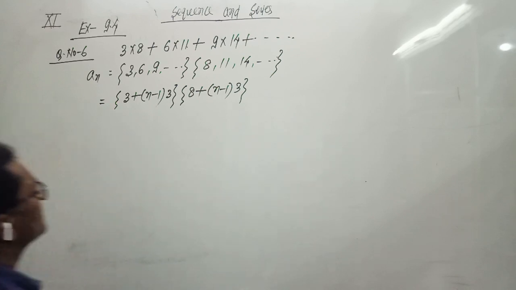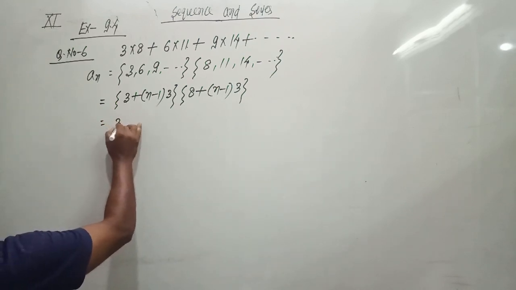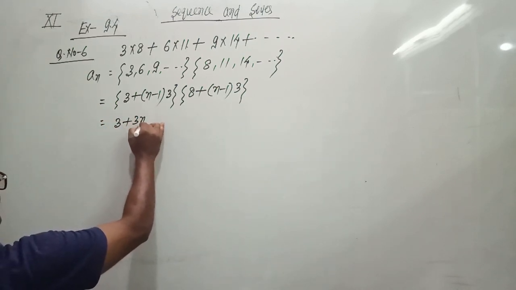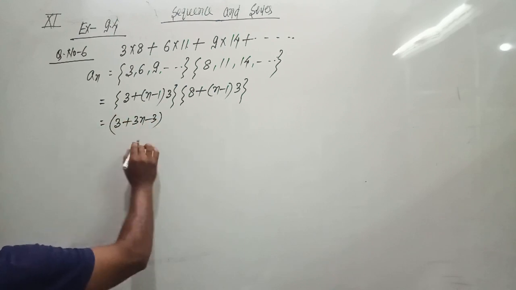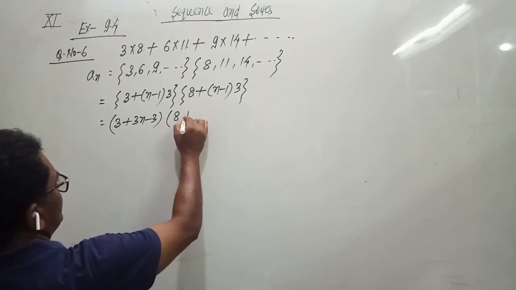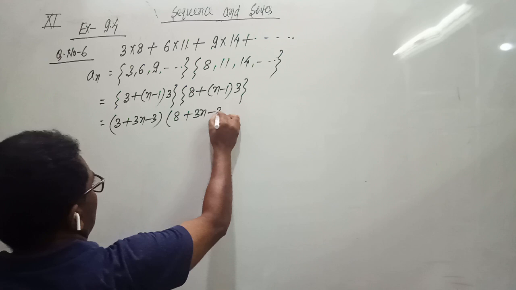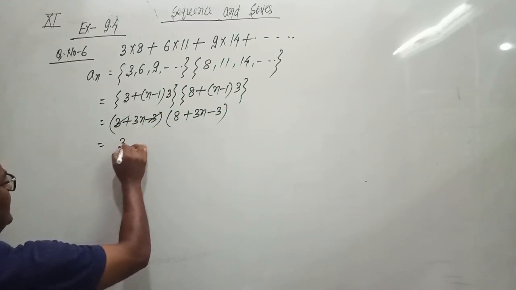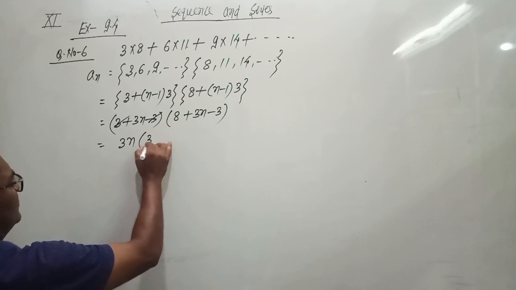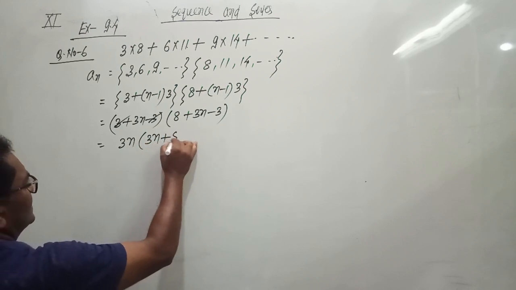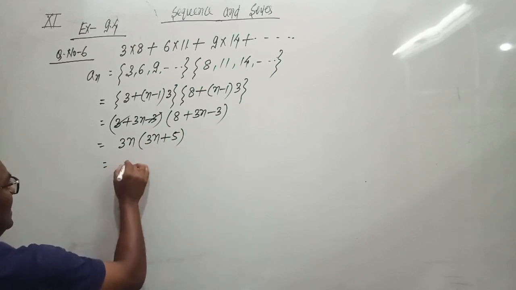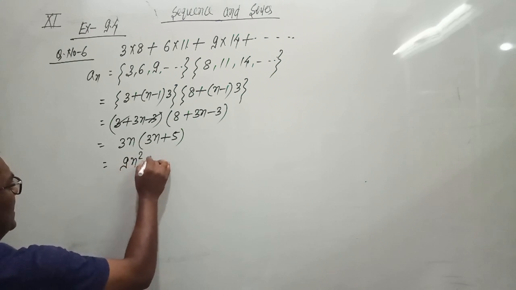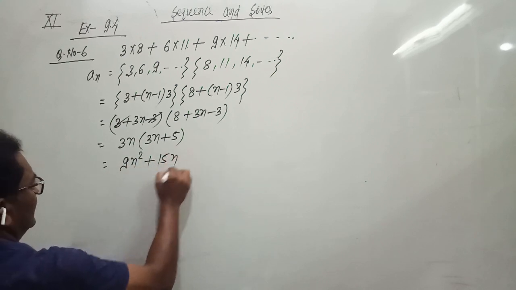So 3 plus 3n minus 3 and 8 plus 3n minus 3. So 3 and 3 cancelled, we get 3n and 3n, 8 minus 3 is 5, and 9n square plus 15n. This is the value of an.